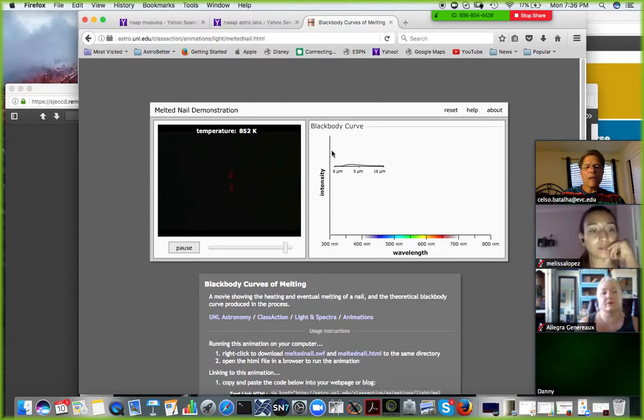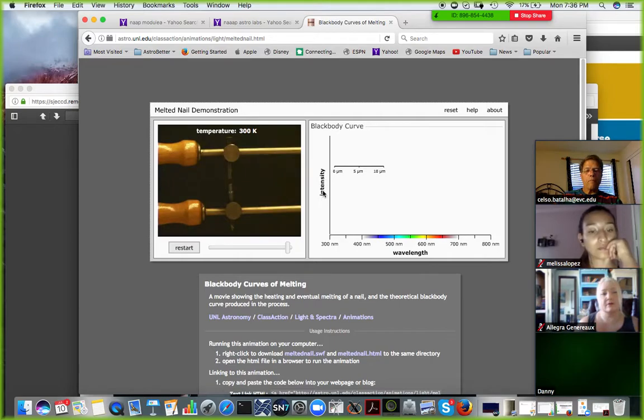So this graph is a graph of peak intensity, which means the intensity, the distribution of this energy, versus wavelength. In our Astronomy 10 course, which is pretty much introductory, this is not a physics course, I like to call wavelength color.